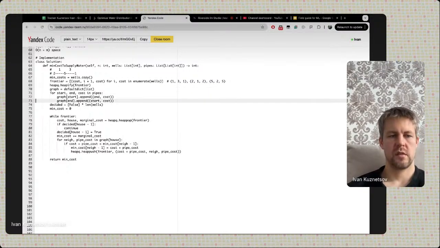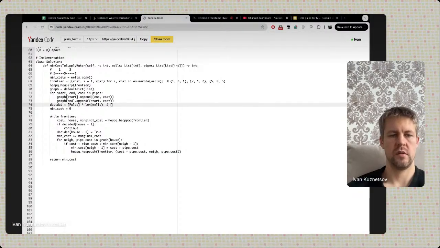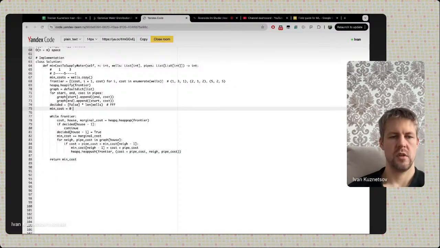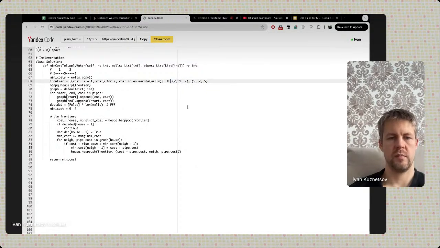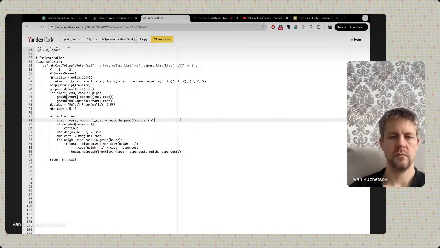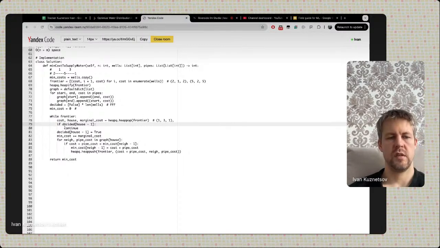Here I think it's clear what it will be, and decided false length values. Okay, so false, false, and cost will be equal 0. The frontier, so okay, first of all we pop this element, and for this element we decide if decided.